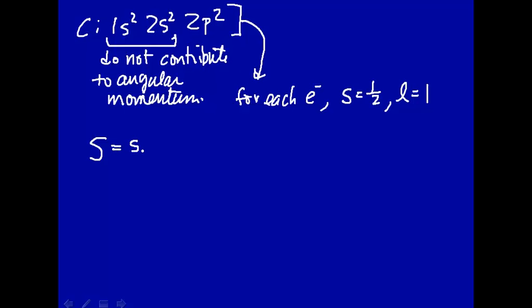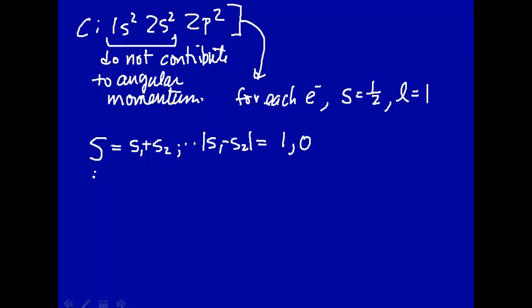That goes from S1, first electron, plus second electron, down to the absolute value of the difference between S1 and S2. In this case, both s's are 1/2, so big S can go from 1/2 plus 1/2, or 1, to 1/2 minus 1/2, which is 0, and go from 1 to 0 in integer steps, so the only two values there are 1 and 0.